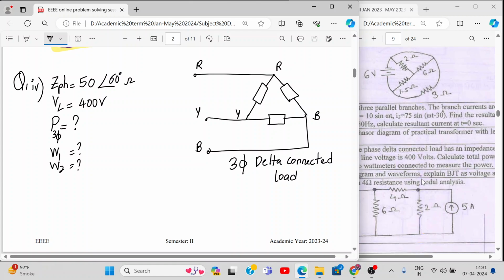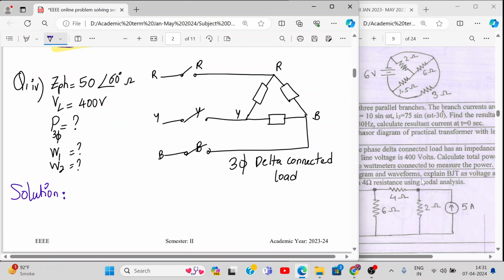Let's say we have a three phase system over here. We have a three phase system R, Y, B. We connect them together. Now here in this circuit, let us start with the solution. If you understand the question, then you can answer it properly.